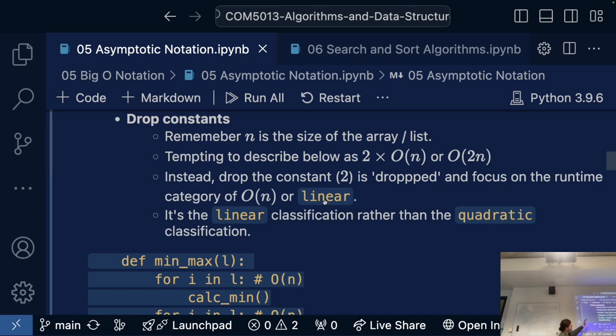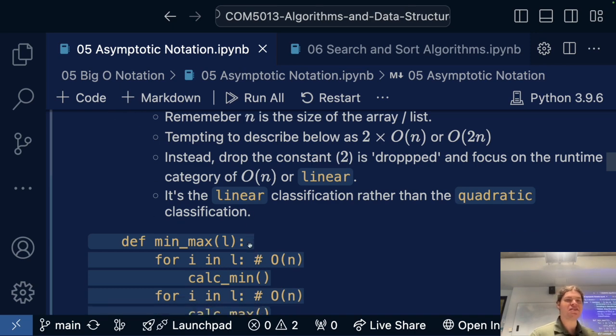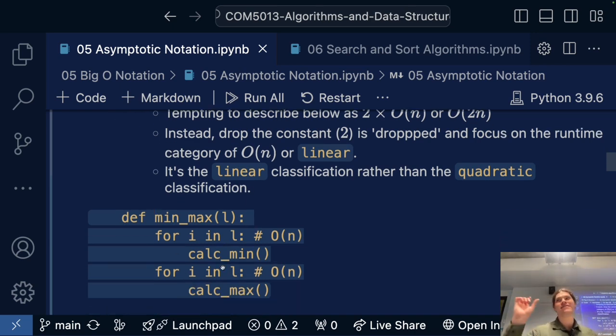It only needs to be classified as O of n. The exact runtime, I suppose you could argue, yes, is O of 2n if you go through the loop every single time that you run the algorithm. But really, it just needs to be linear. So O of n. It's definitely O of n and definitely not O of n times n. That's the one thing we need to highlight here. It's definitely not O of n squared.